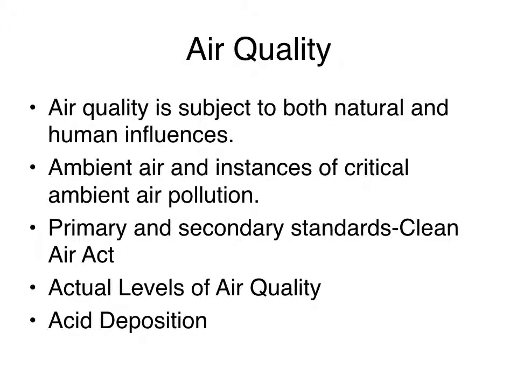Now, the coal industry could install coal scrubbers, but those are very, very expensive. There's been an innovative approach to acid rain involving tradable pollution allowances, and that has indeed reduced the annual sulfur dioxide emissions in the United States by about 10 million tons.